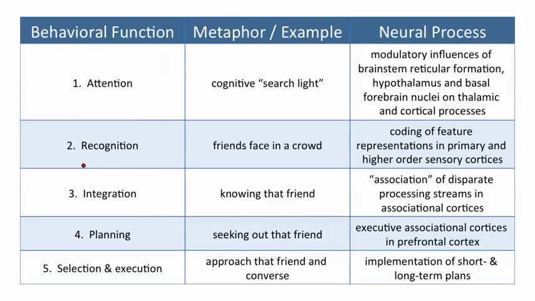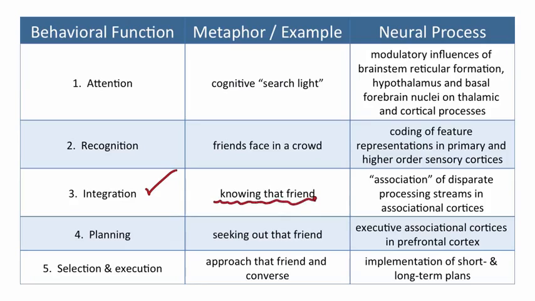So following the recognition of the face in the crowd, now you actually are integrating knowledge about this person that you are now recognizing. So we're bringing back memory together with the present experience of this stimulus in a process that results in actually knowing that friend.